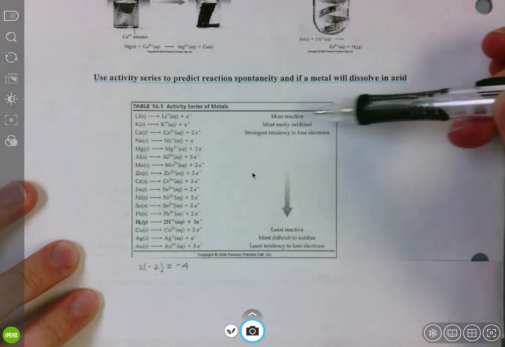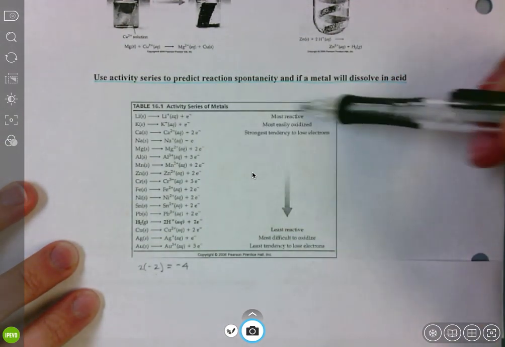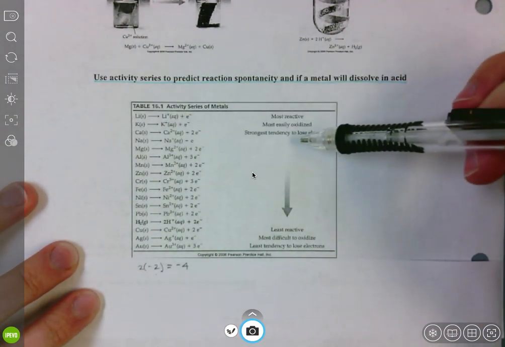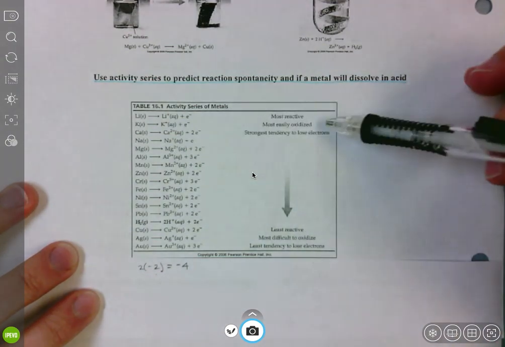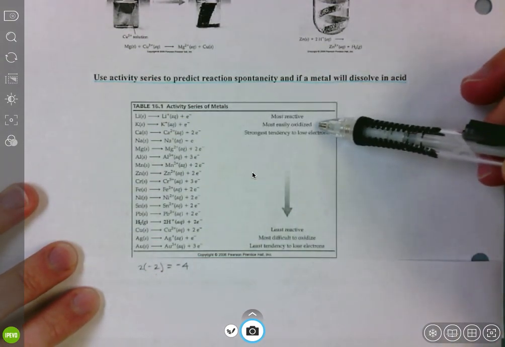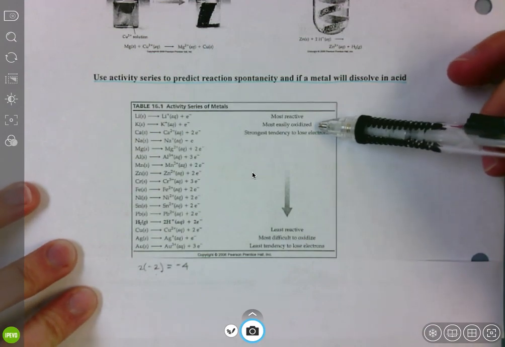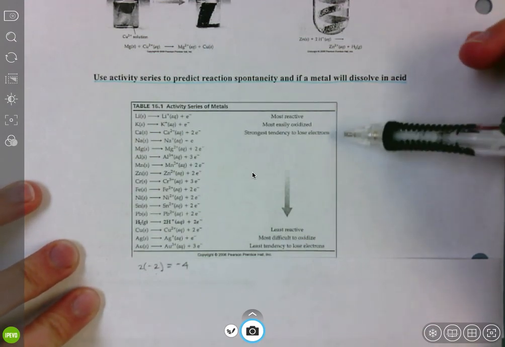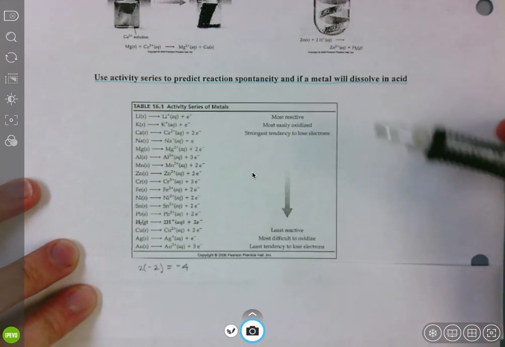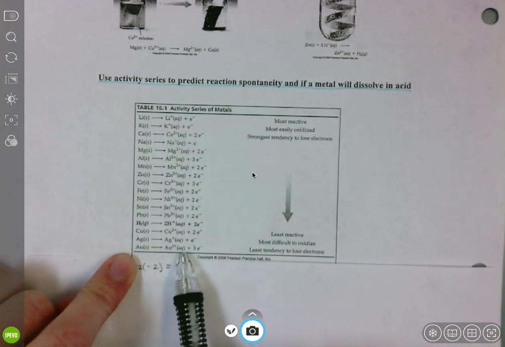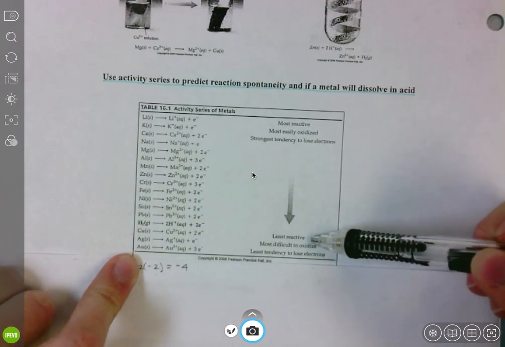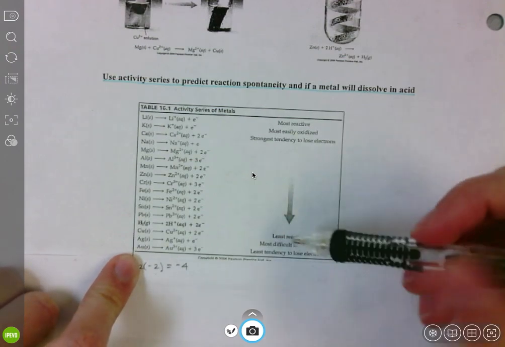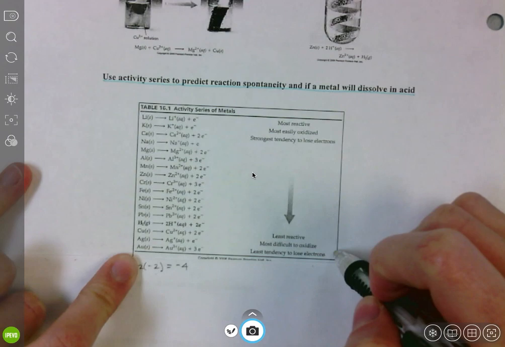So at the top with lithium, these are our most reactive elements. The higher up we go, the more reactive they are and the more easily oxidized, so they want to lose electrons. They have the strongest tendency to lose electrons, that's what oxidize means. Towards the bottom with gold, these are least reactive, most difficult to oxidize, and have the least tendency to lose electrons.